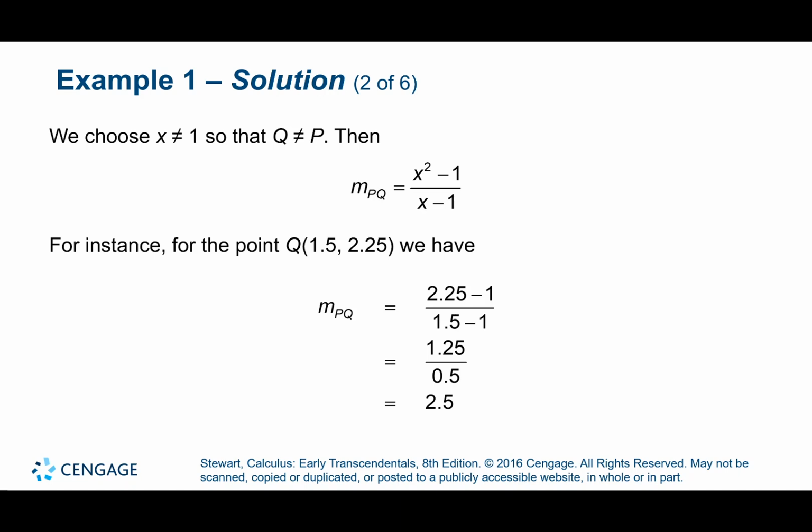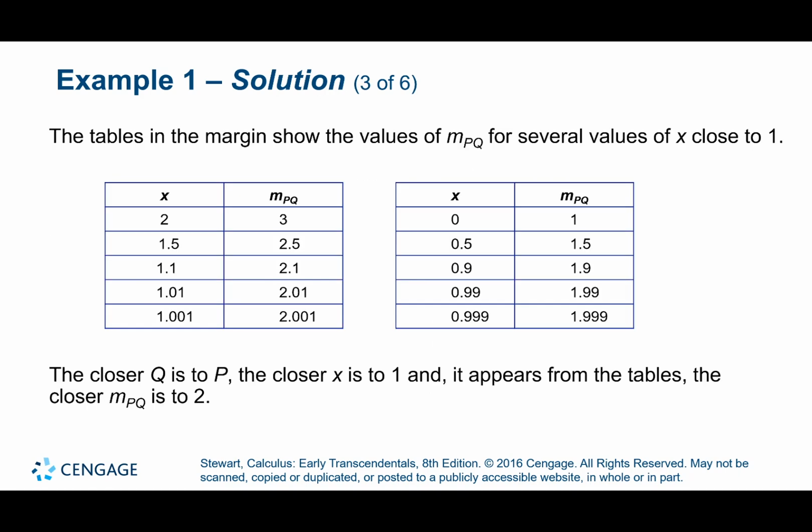Any Q and P we pick, as long as they're not the same point, then we can figure out the slope. Then we check the values. Coming in from the bigger side, this is like coming in from the right side, we get close to 2 for our slope.